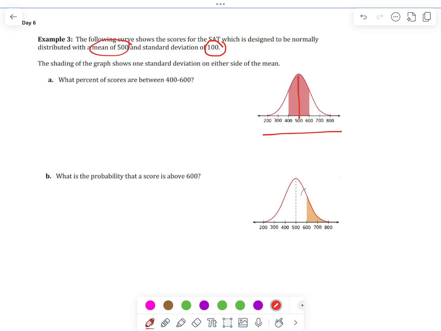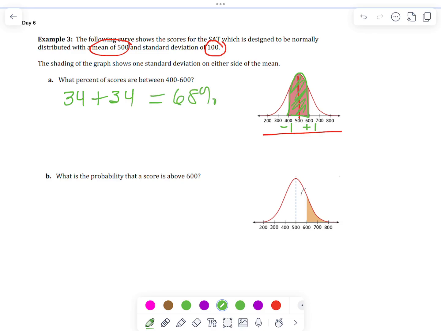So it's asking us what percent of scores are between 400 and 600. So here's 400 and 600. Their area under the curve is within +1 or -1 standard deviation. So 34% plus another 34% is 68%.